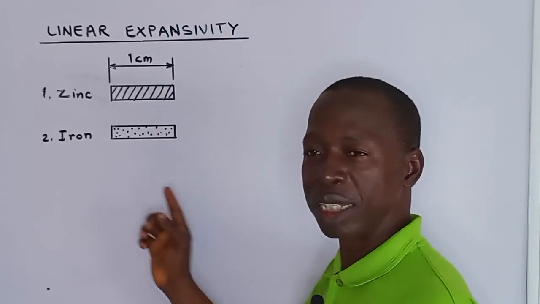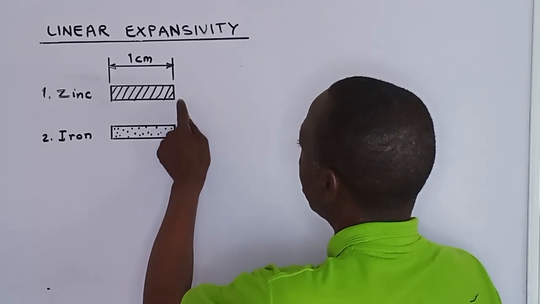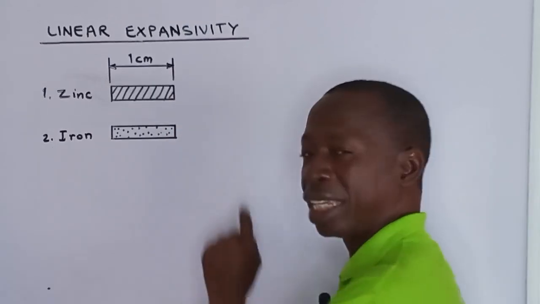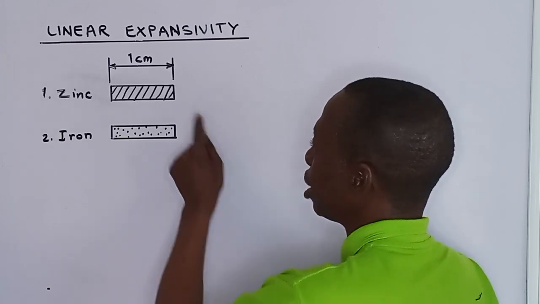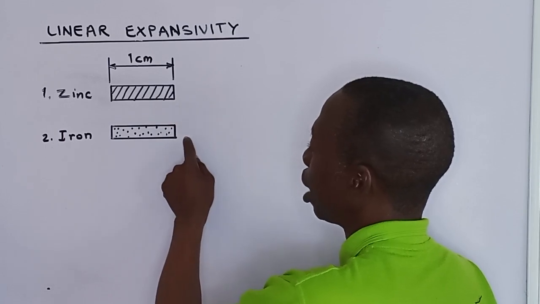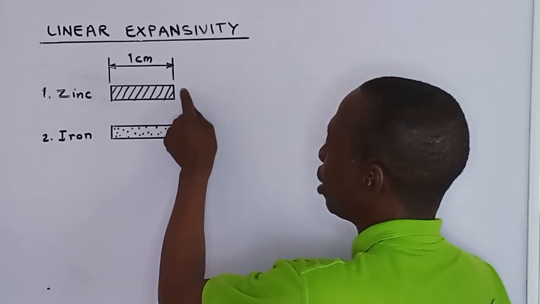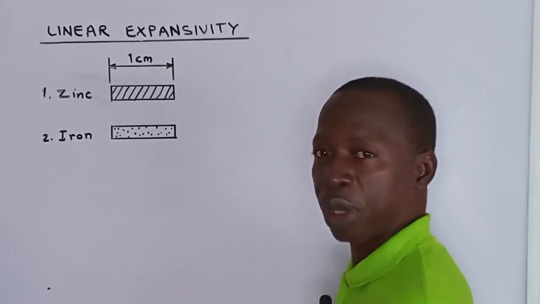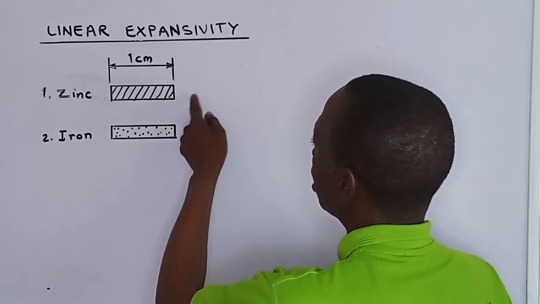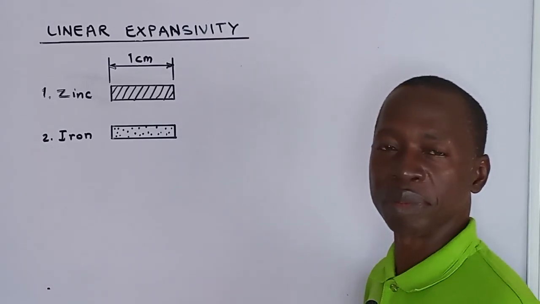But the length that zinc would increase by will be different from the length by which iron would increase by, because the material that was used in making zinc is different from the material of which iron is composed. So they will not expand at the same rate, and they will not have the same increase in length. So because they won't have the same increase in length, they will definitely not have the same linear expansivity.